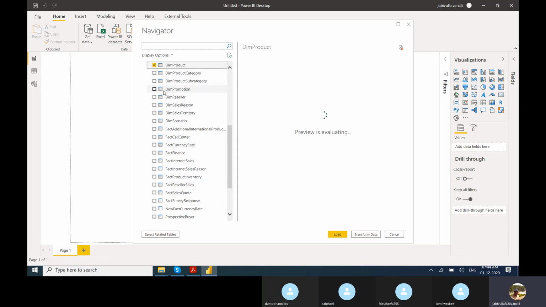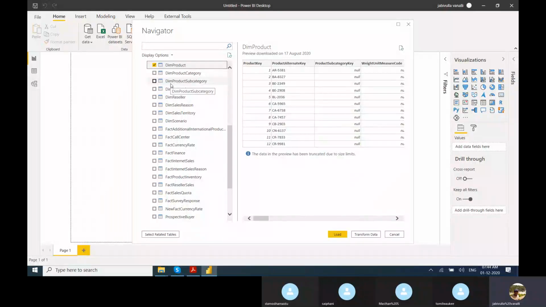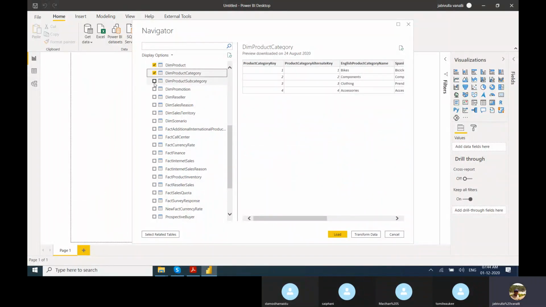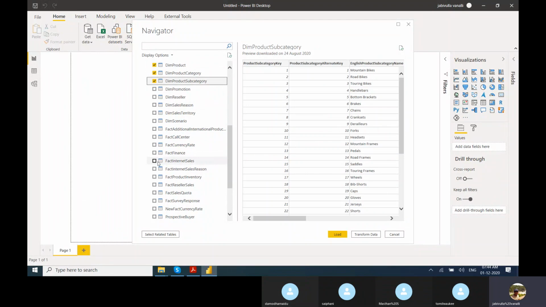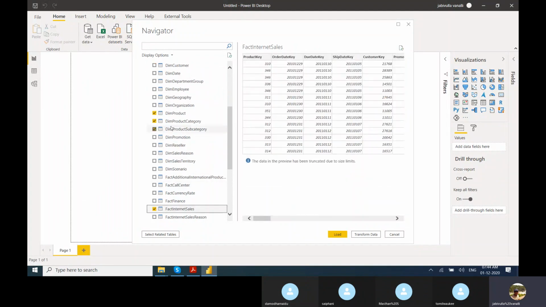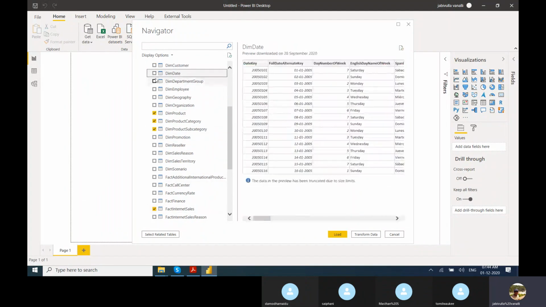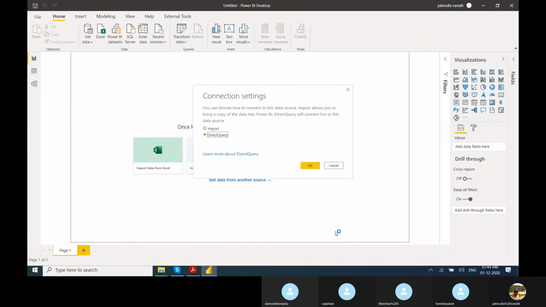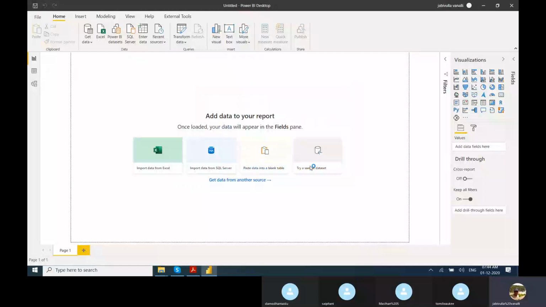Now I will show you an example. So now I will load these three tables and the fact table, and also I am taking dim date. Okay, now load, import.